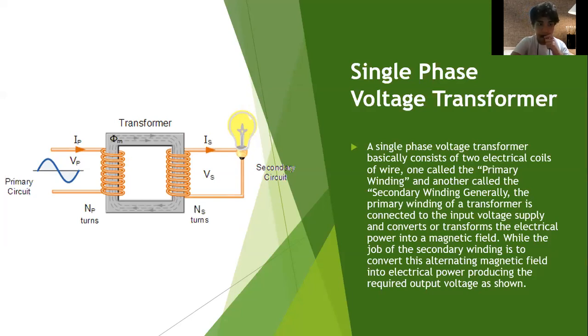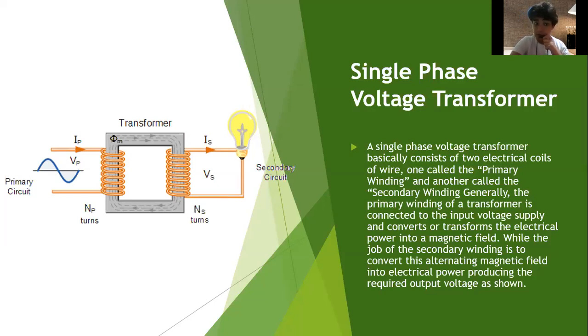The VP, in the primary winding, is the voltage that will be transferred to the transformer core, which in turn will transform the electrical power into a magnetic field.